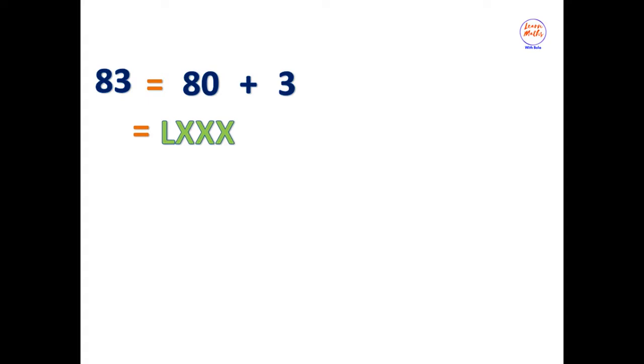L is 50 and XXX is 30. So when you add 50 and 30, the result is 80. So we have plus 3 is also using the repetitive property, which is III. So together, we write it as LXXXIII. Good.